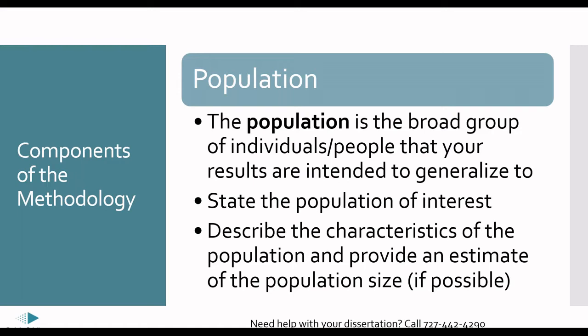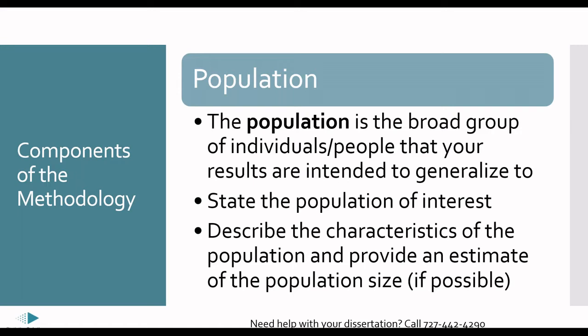So the population is the broad group of individuals or people that your results are intended to generalize to. So if you want to use an analogy, you could say that the population might be the entire ocean of fish.